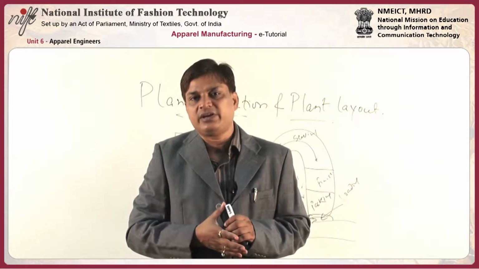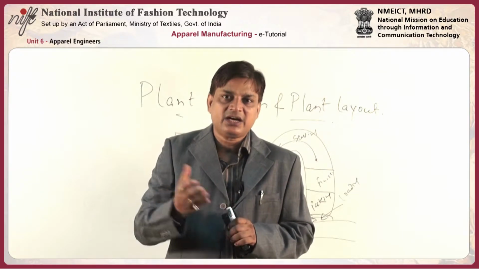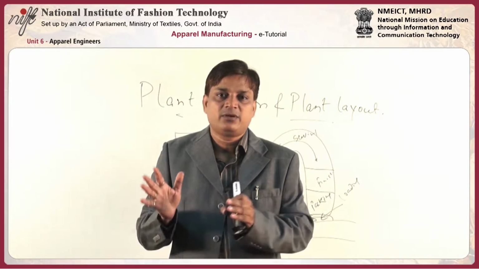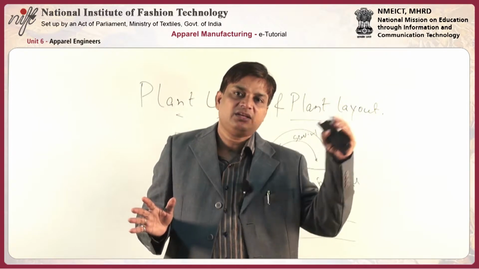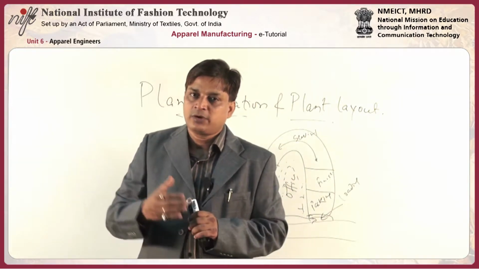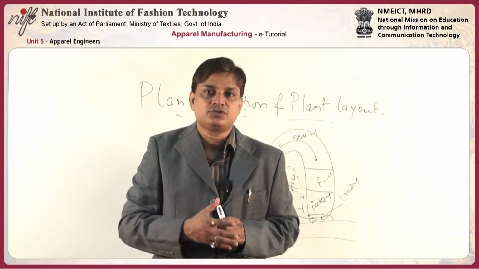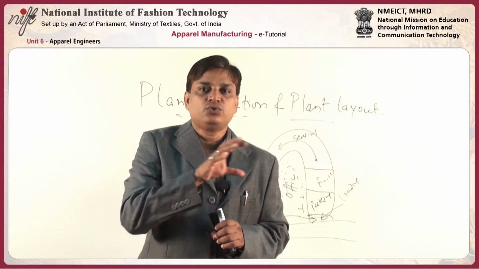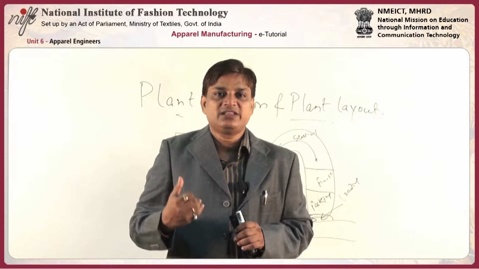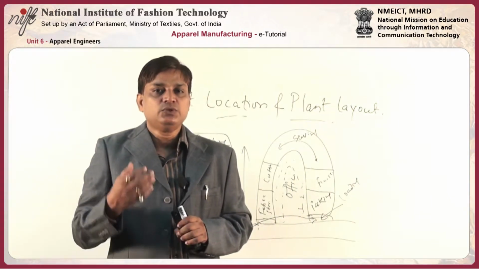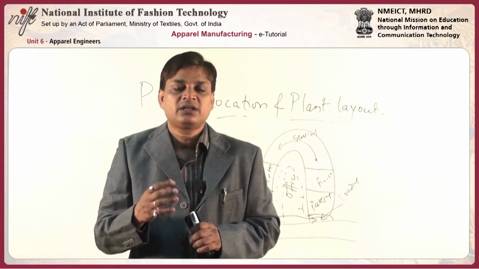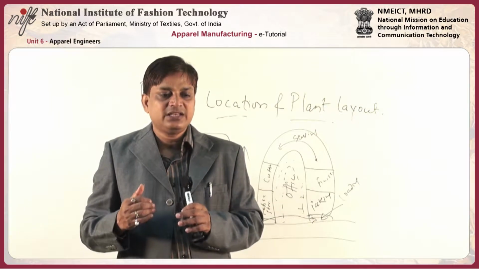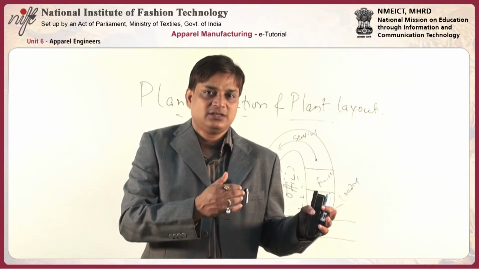If you take the example of India, especially NCR, Bangalore and Chennai, the factories are moving from the city to maybe 40, 50, 100 or even 150 kilometers away from the main city, because they are finding more labor in those villages, where they train the manpower, and then that manpower can be utilized in the factory for production or manufacturing. So nowadays factories are moving to the outskirts from the city.